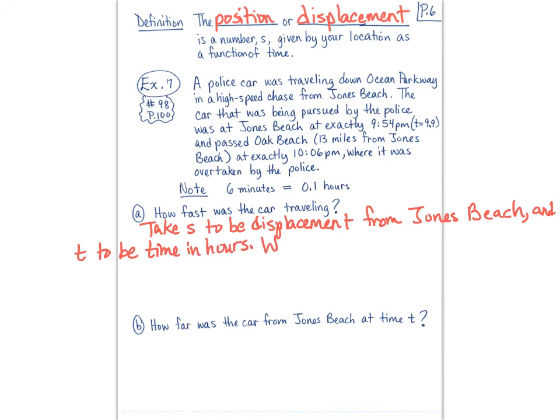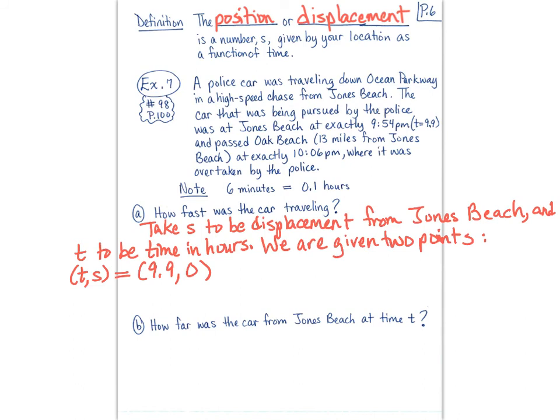So we are given 2 points. Those 2 points are given in the form of T, S. The first point is T is 9.9, and your position is 0 at that point, right?